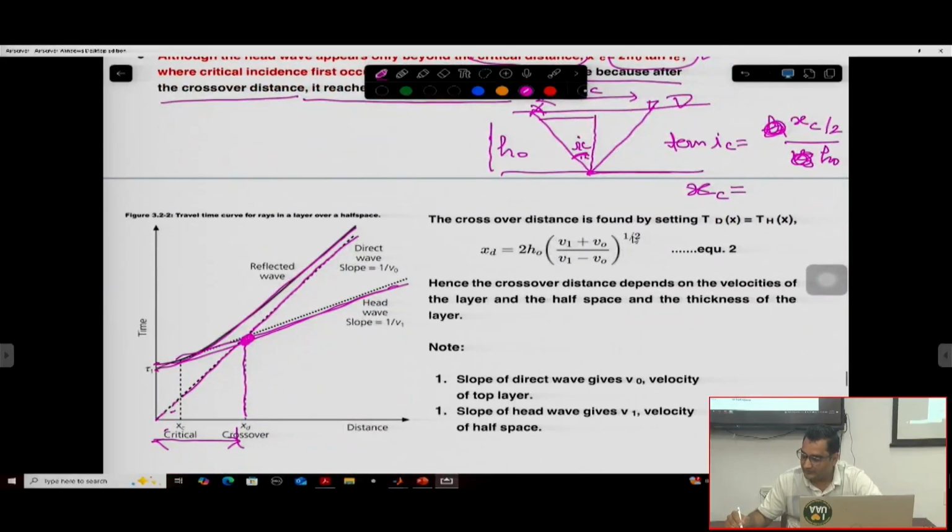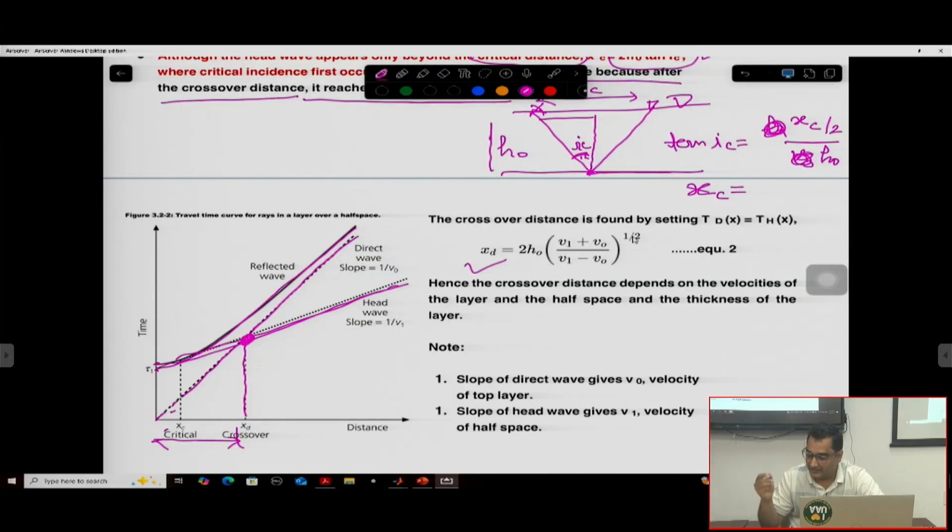Now the crossover distance formula. Crossover distance is denoted by x subscript d. How would you find the crossover distance? You can equate the direct arrival time with the head wave time, because that is when the head wave has started to appear earlier.